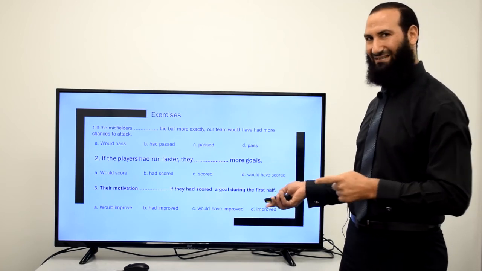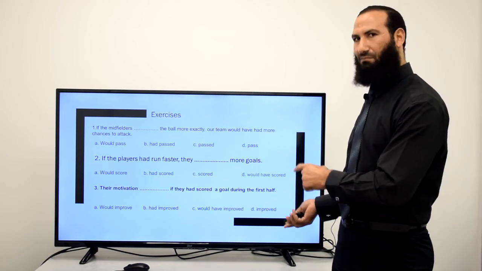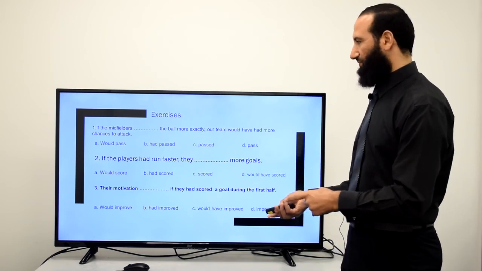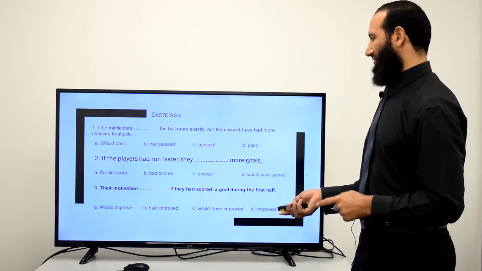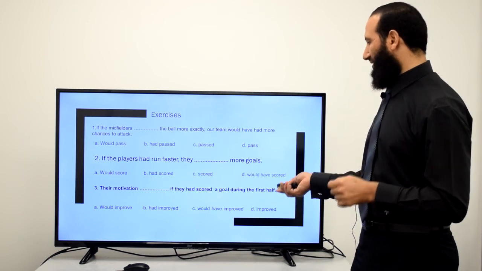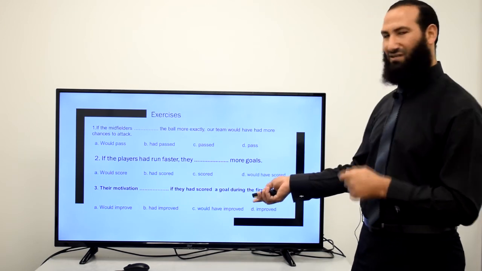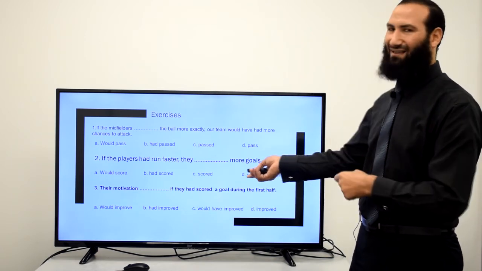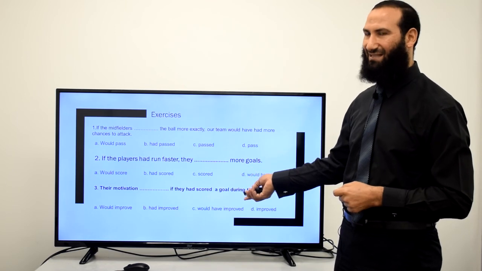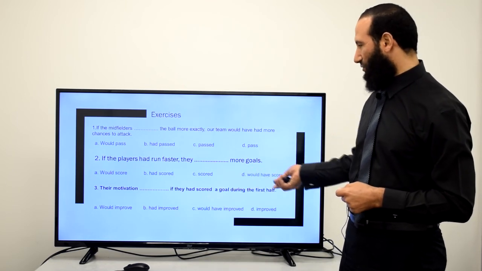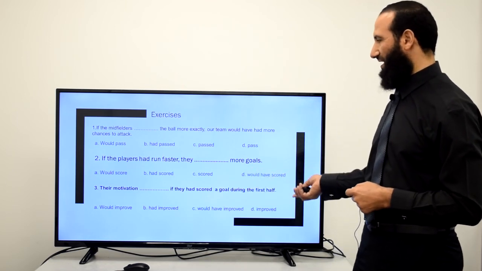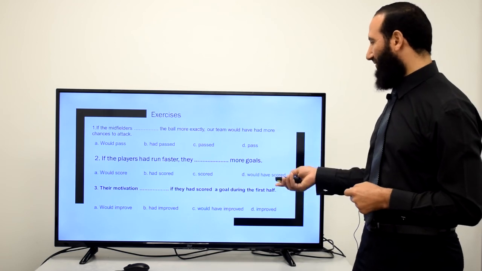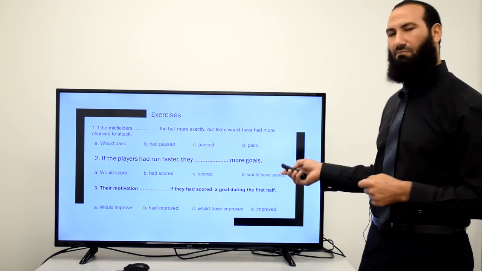We started the sentence with the second part of the sentence. So now we are supposed to have would have improved, because after if, you just have a look at the if sentence here, if they had scored a goal during the first half, okay, their motivation would have improved.